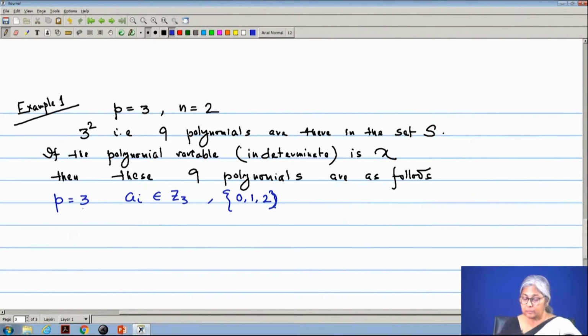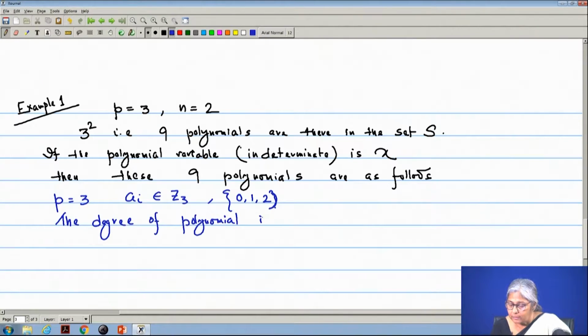So, the degree of the polynomial will be n minus 1, that is 1, that means a1 x to the power 1 plus a0.